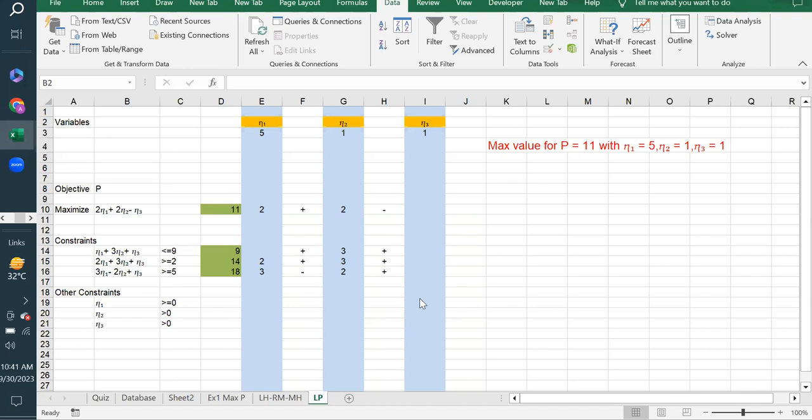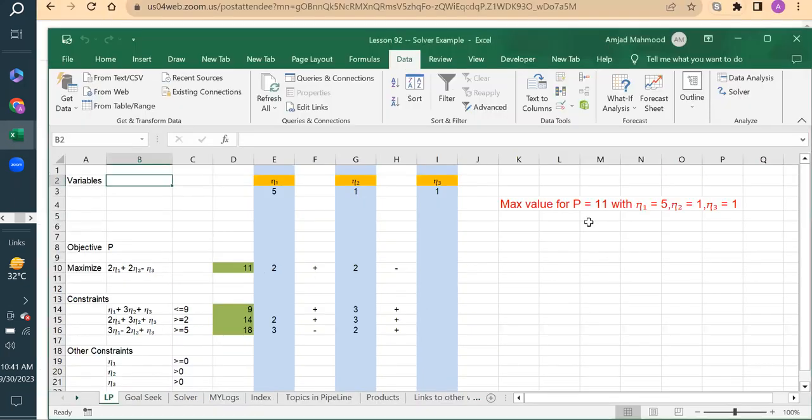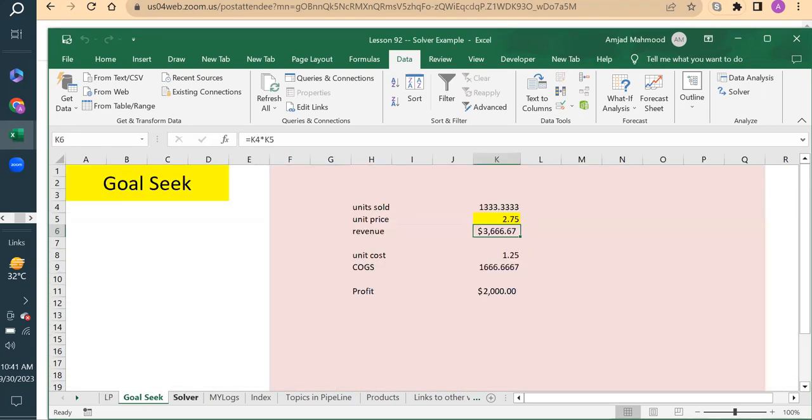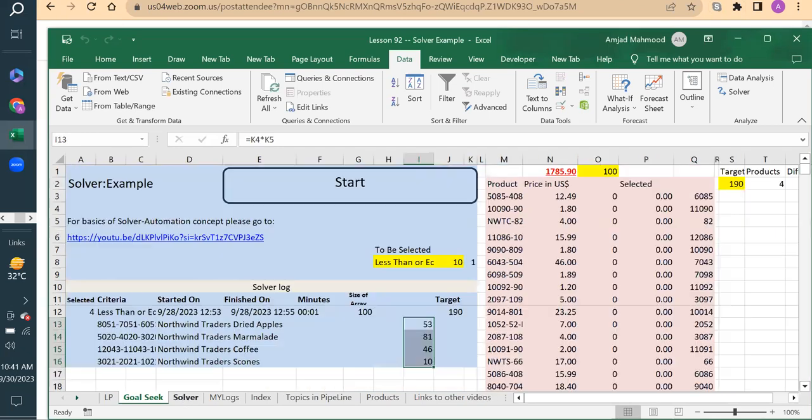Okay, this session is regarding the solver, and in previous sessions also we went through our experience with the solver and the goal seek. You remember?